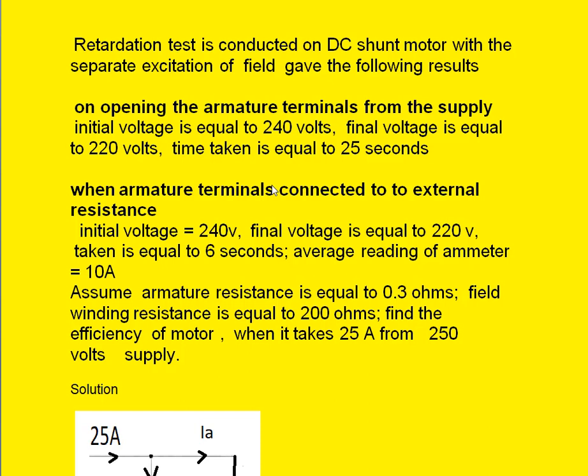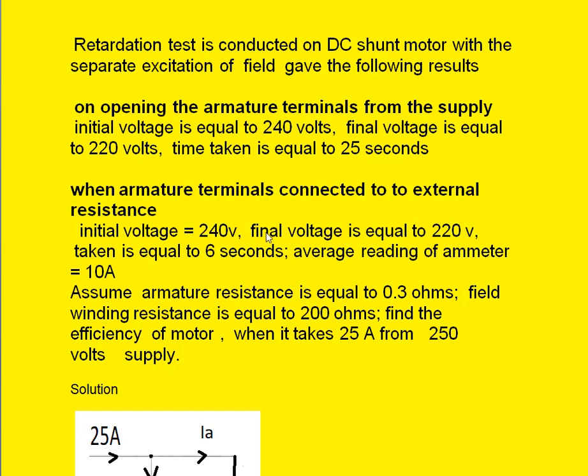Now we suddenly disconnect the supply to the armature and we connect those armature terminals to the known resistance. Now at the beginning of connecting the armature to the resistance, we note down what is the voltmeter reading and also what is the ammeter reading.